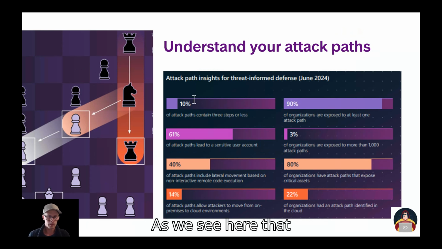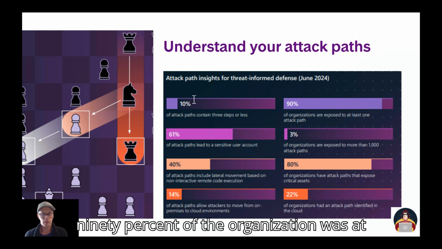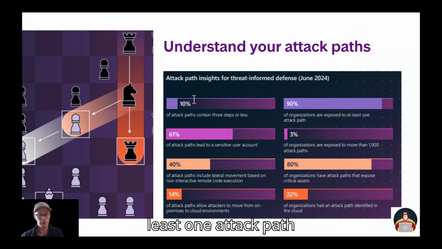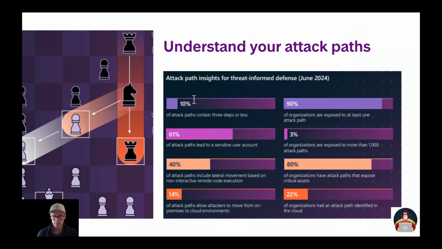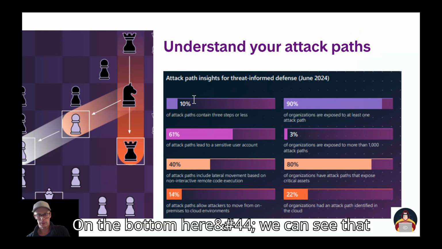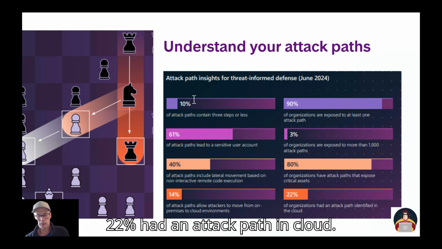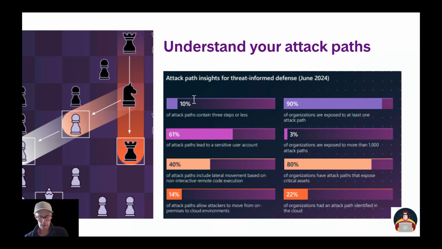As we see here, 90% of the organizations had at least one attack path, and 61% were leading to a sensitive account. On the bottom here we can see that 22% had an attack path in cloud.